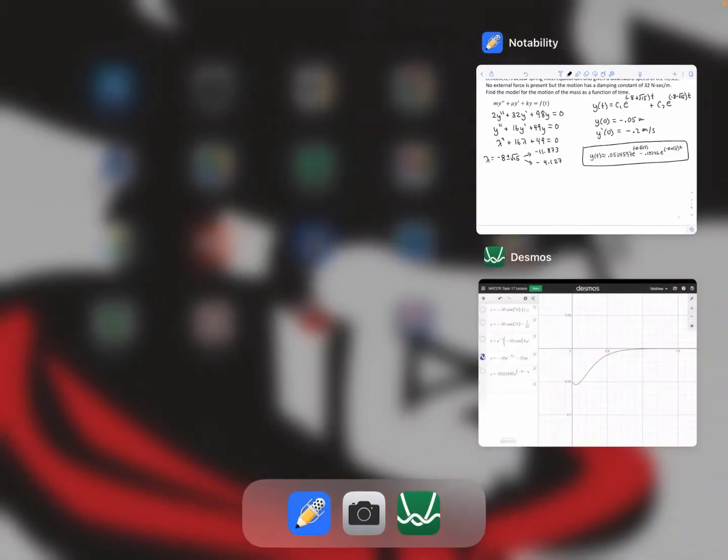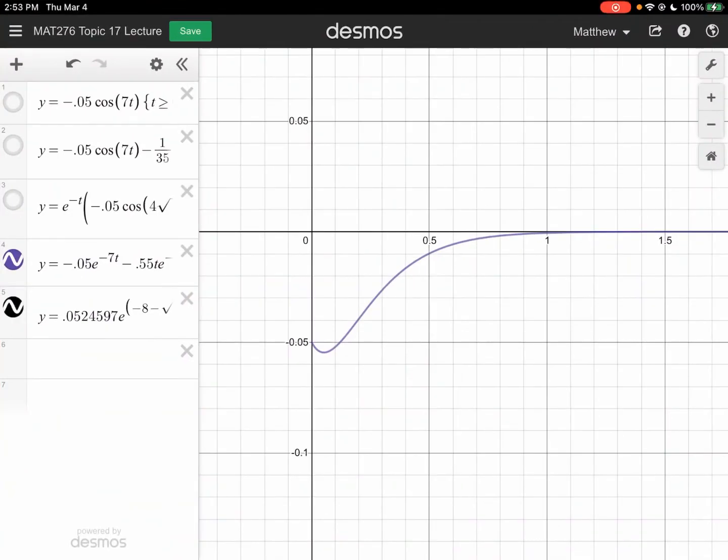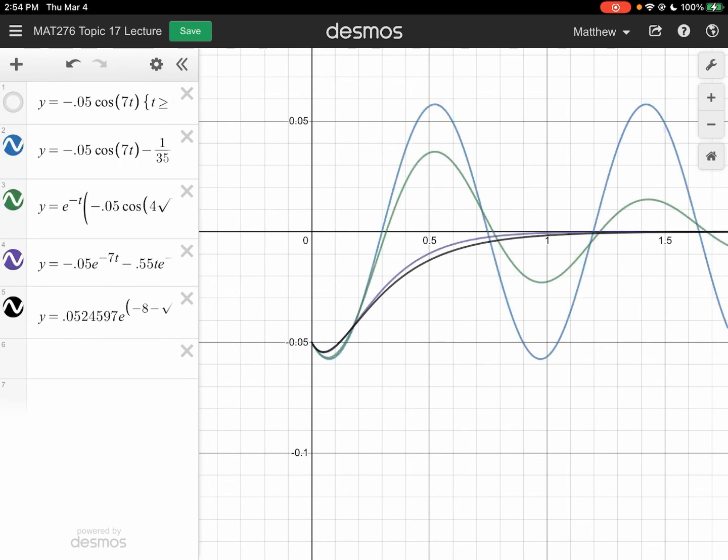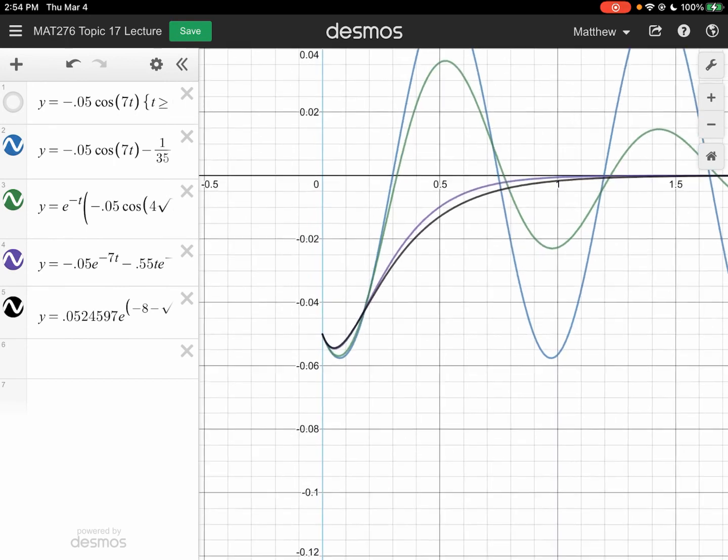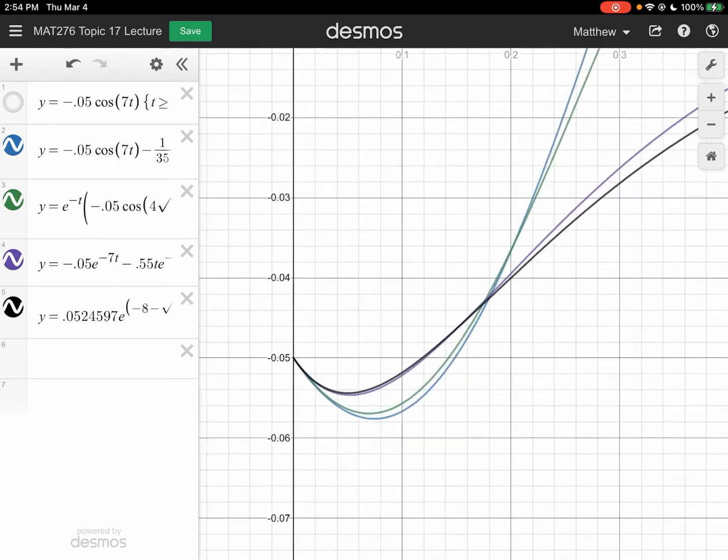And let's go ahead and graph it and see what this looks like. This is the final graph here, the one in black. Notice it also appears to damp, and it dampens so much that it just returns back to equilibrium. Now look at these four solutions here, all of them had the same initial conditions.